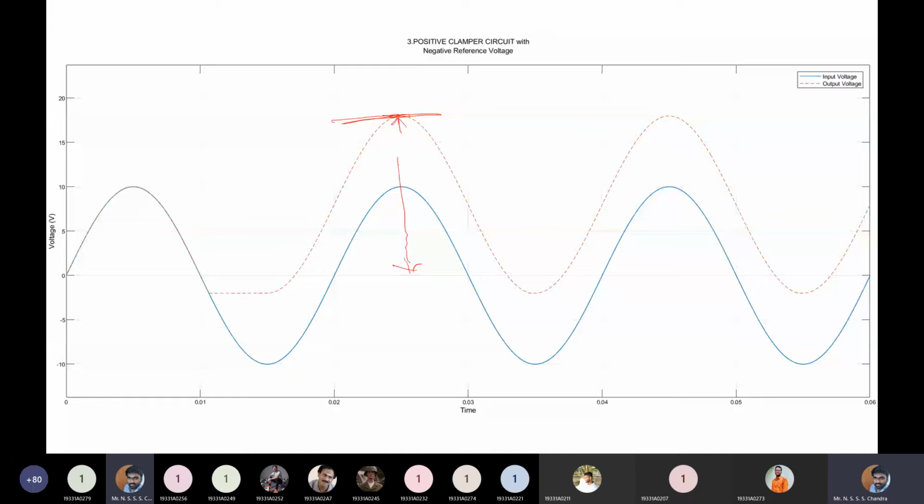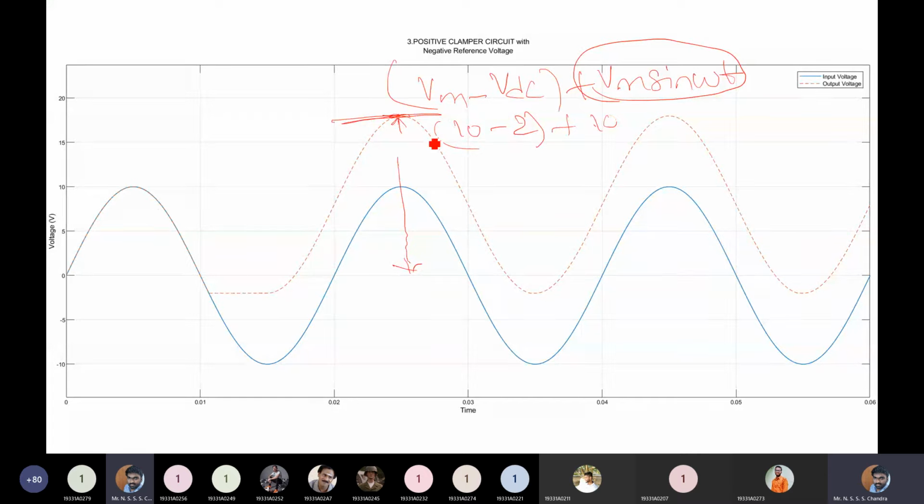So what would its value be? It is Vm minus Vdc plus Vm sin omega t. Because your Vm is 10 volts, Vdc is 2 volts, plus again the maximum value of Vm sin omega t is Vm, that's again 10 volts, this is 18 volts.